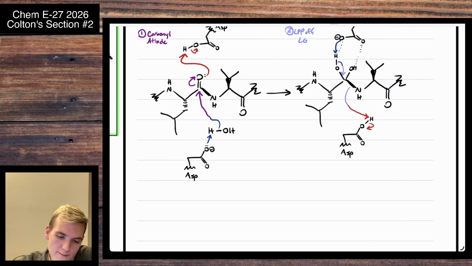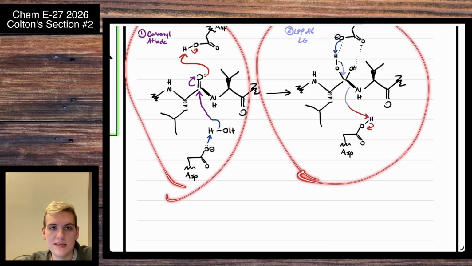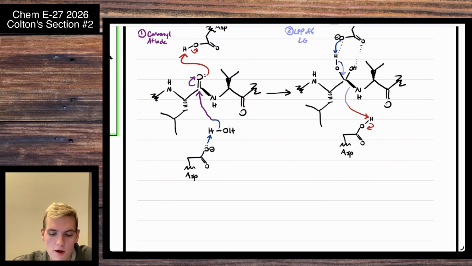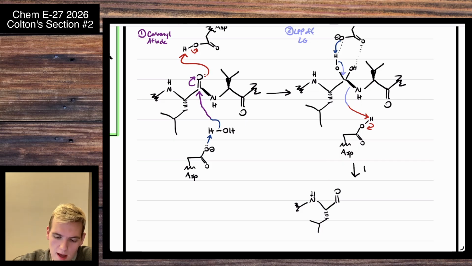And so then, remember, these are our 2 core steps: carbonyl attack, lone pair push off the leaving group. So now we can just draw our products. So our products, we had our NH, we had our Lucy, and then here, if we put a PT over the arrow here, normally we would still have an OH on here, but we are able to go immediately to the O-, which we want.